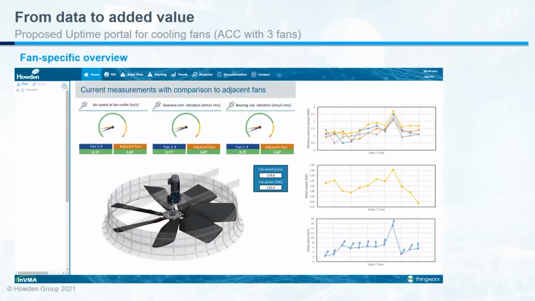Another screen that we want to have available in the portal is this one, where you have an individual look of the fan, and it will also benchmark that fan together with fans that are adjacent fans, which will give information for technical experts.